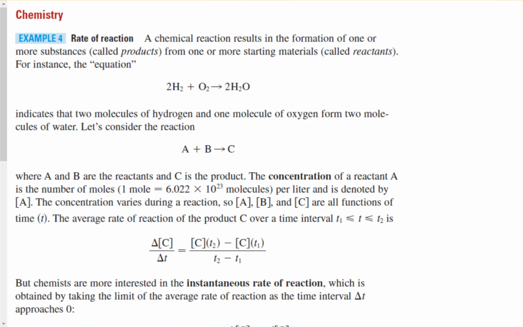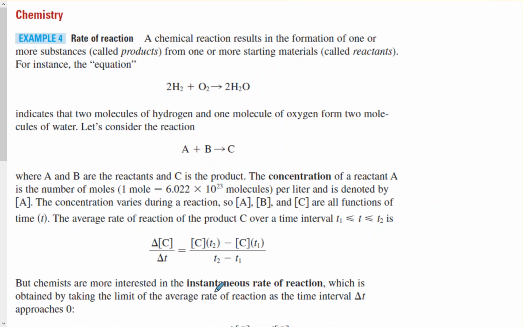Chemistry. A chemical reaction results in the formation of one or more substances. The concentration of a reactant is the number of moles per liter and is denoted by the square brackets. So we have A, B, and C, which are all functions of time t. The average rate of reaction of the product C over a time interval is delta C over delta t.